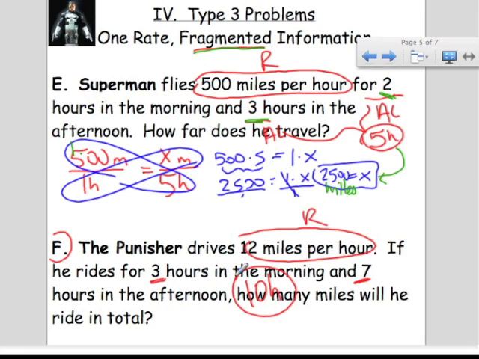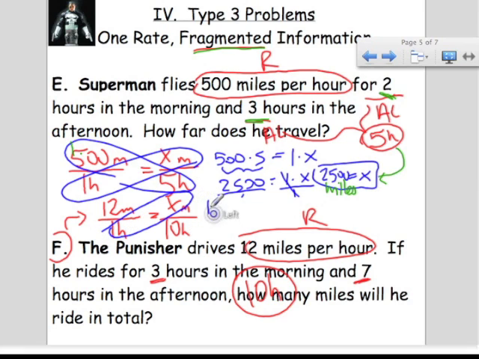So we need to figure out, if he goes 12 miles per hour, how far does he go after 10 hours? Your proportion should have been, right up here, 12 miles per 1 hour equals x miles for 10 hours. You might be able to do this in your head just by multiplying 12 by 10, or you can still solve this proportion like we'd always do, which is cross multiplying and dividing.